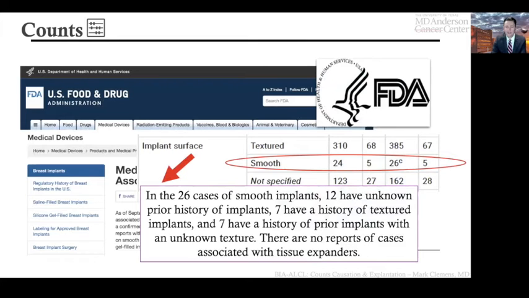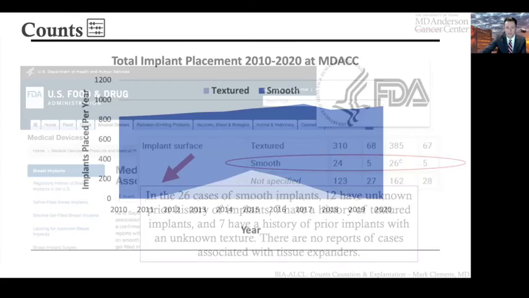The FDA is quick to point out that there has never been a smooth implant case of breast implant ALCL. And so therefore we do feel that smooth implants are a safe alternative for patients that are concerned about breast implant ALCL, because there has never been one to date.